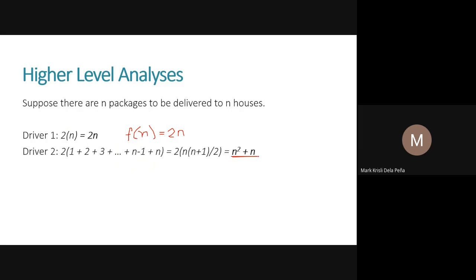That's actually equal to n squared plus n. So our f of n here is equal to n squared plus n. Commonly, this is called the growth rate of an algorithm. But later on, we will be discussing how to evaluate algorithms more using different notations.